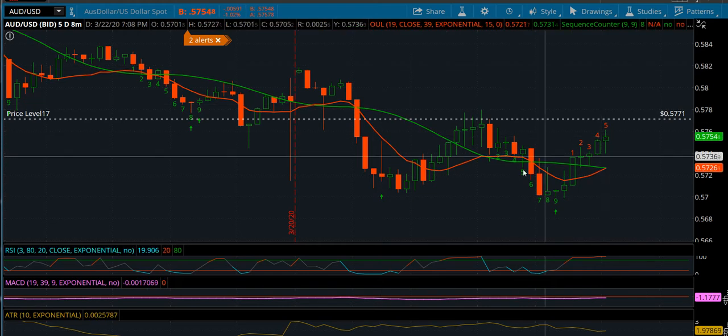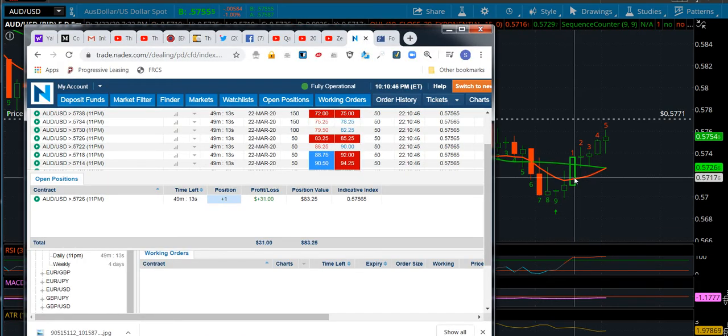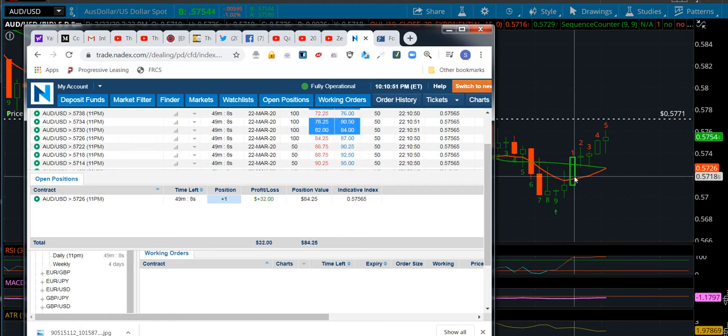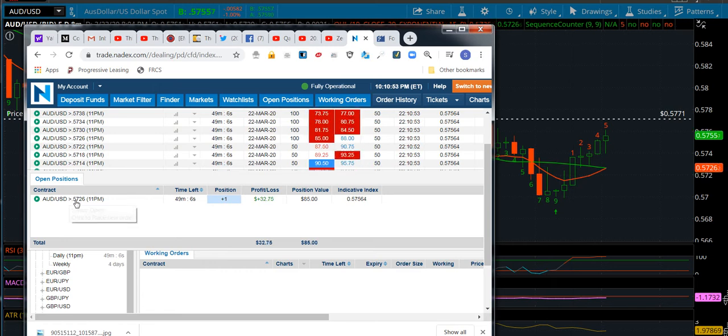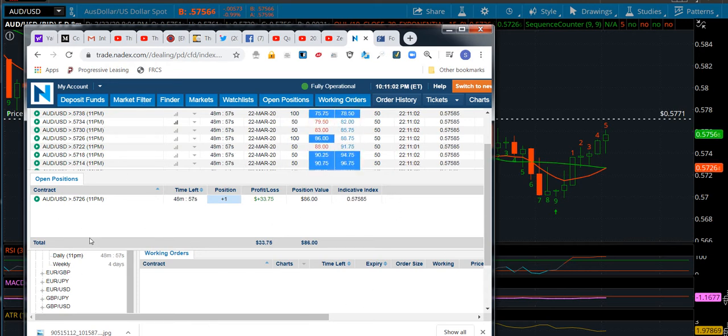So as I was saying, I got in long when this bar crossed this red line, and my strike is 57.26. This is Nadex, so don't get really wrapped up in this. As I said, I will cover this in a later video.